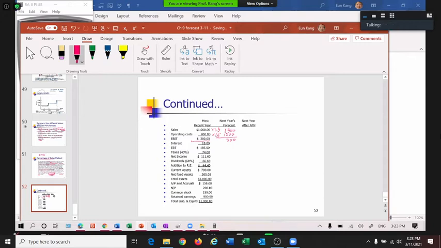Anybody? 1 minus the payout ratio. Oh no, that is retention. I'm asking about interest. Interest is 8%, correct? Check. Good point. Then what?